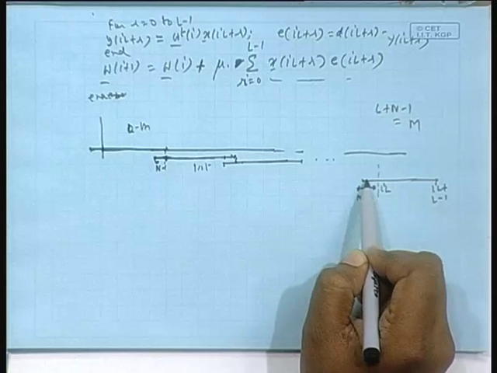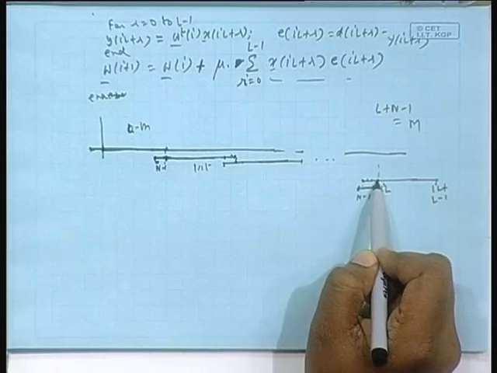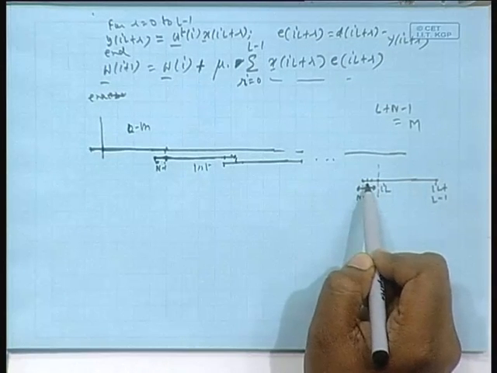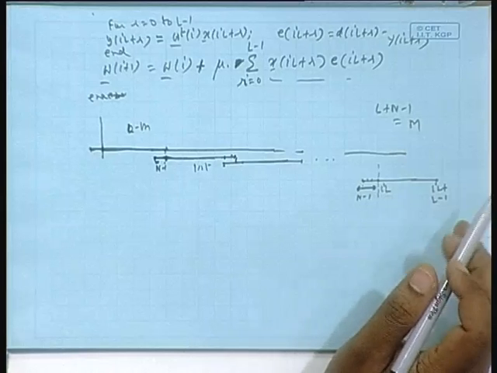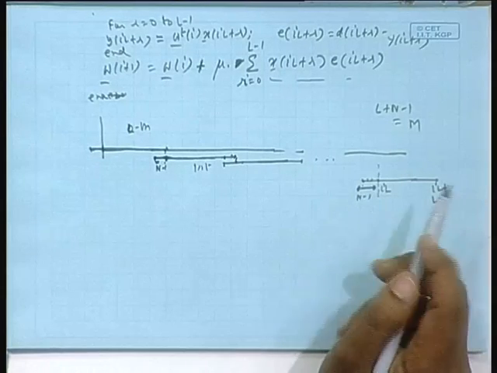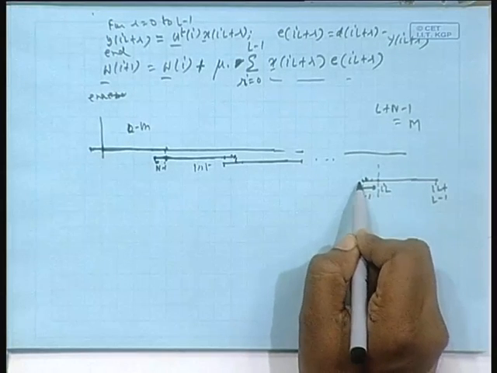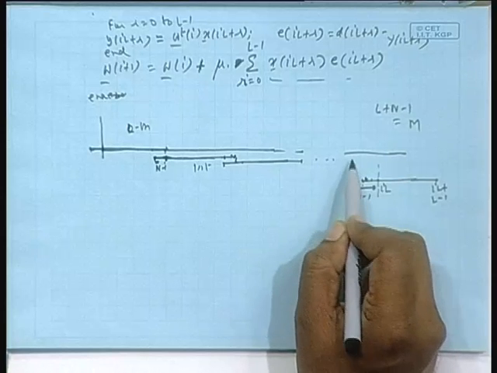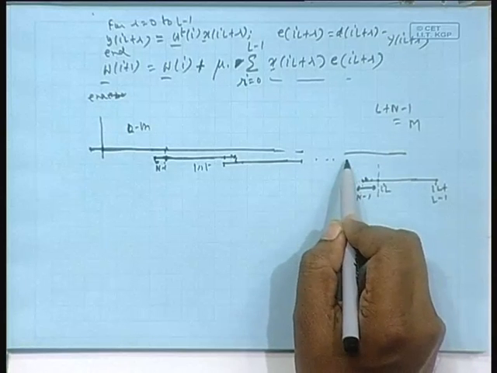When you convolve at this point or this point, I get data from the past. When I am here, it is assuming some 0 values, but in practice, in real life, there is data from the previous block, as we discussed yesterday.